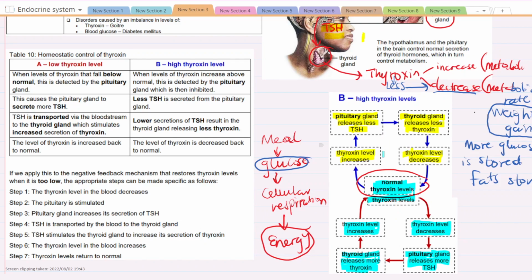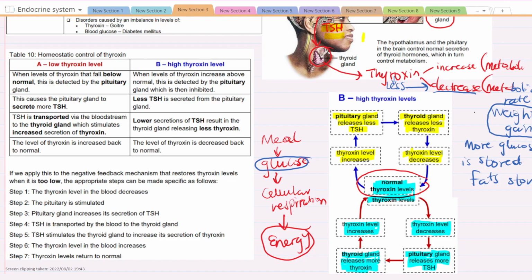So even when your thyroxine level increases, your pituitary gland and the thyroid gland will try to return it back to normal. And when your thyroxine hormone decreases, your pituitary gland will also try to return it back to normal.